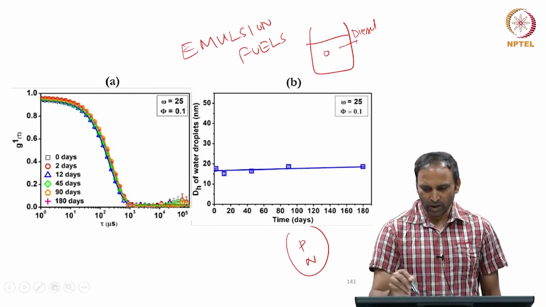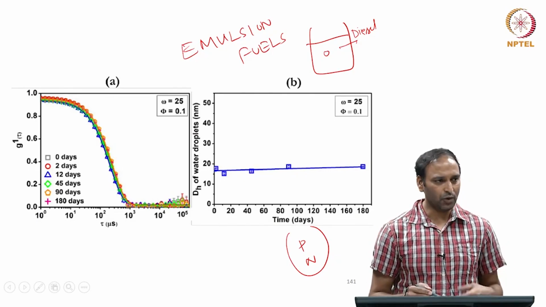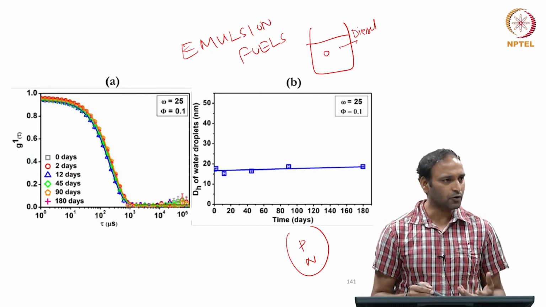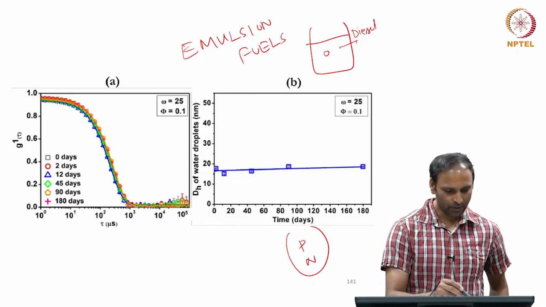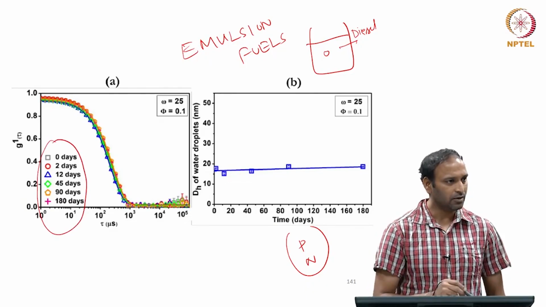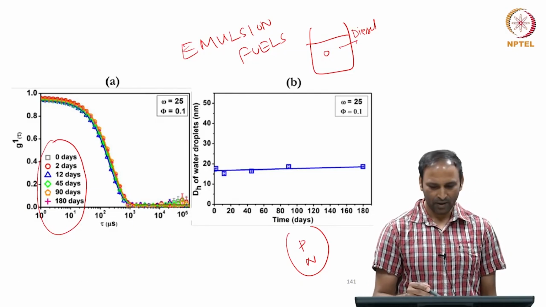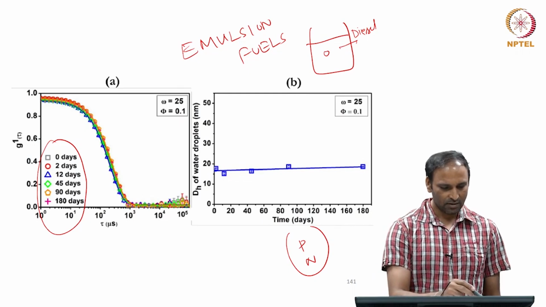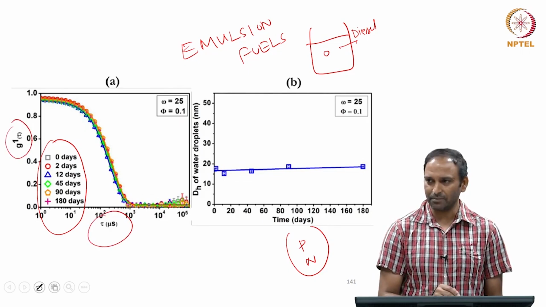What is being measured is that whenever you have an emulsion fuel, you would want the fuel to be stable for a long period of time. So, we were trying to look at what happens to the fuel if you store it for a long period, 6 months, and this is the autocorrelation function measured as a function of decay time.